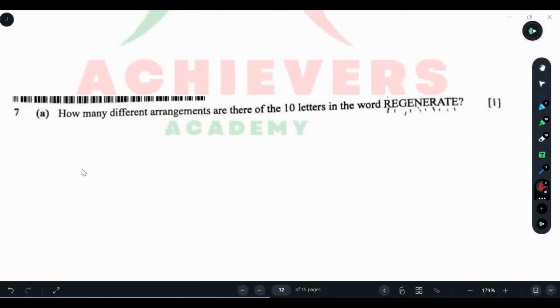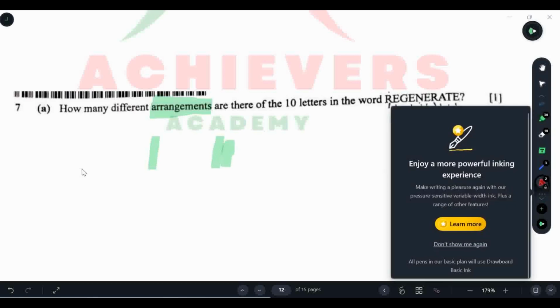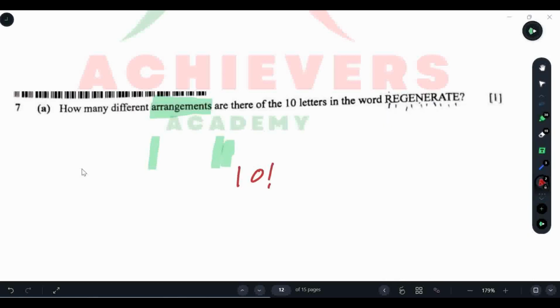That is question number 7. How many different arrangements are there of the 10 letters in the word regenerated? The keyword is arrangements, which means we have to use factorial or permutation. Here there is no condition, so we can use the factorial. The total number of letters is 10, so 10 factorial, divided by the factorials of repeated letters.